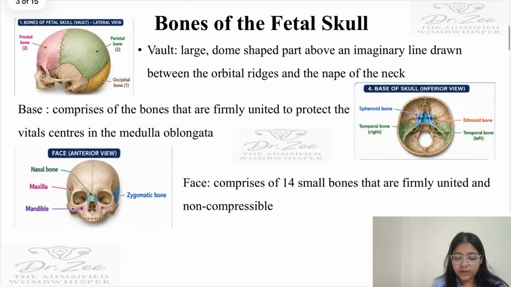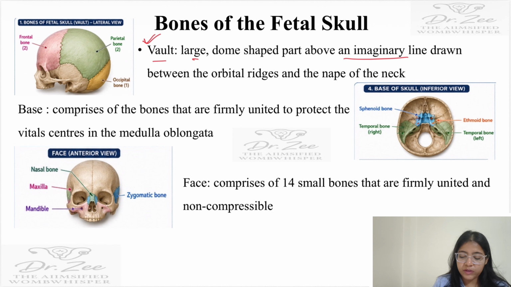What are the bones of the fetal skull? As you know, the skull is formed of bone, so the vault is a large dome-shaped part above an imaginary line. You should know where the vault starts, where the base starts, and where the face starts. The vault is a very important part of the skull, and the diameters and the functions revolve around it.